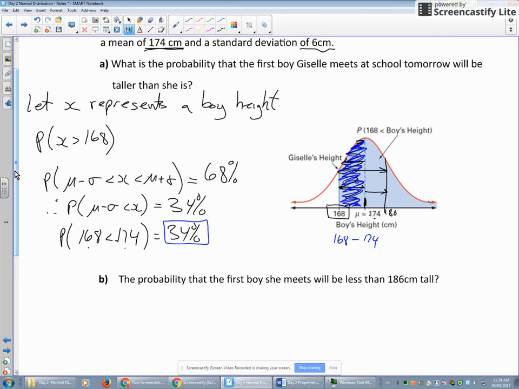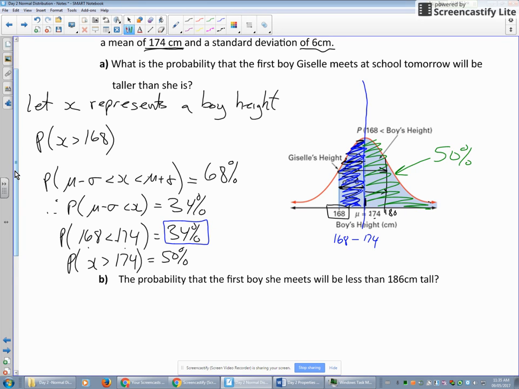Well, what about all the other boys that are taller? Well, because this is perfectly symmetrical, we know that this whole section up here represents half the population. Right? It's perfectly symmetrical. The whole population represents 100%. So 50% of the people must be above the mean. So the probability of x being greater than 174, finding a boy taller than 174, is 50%.